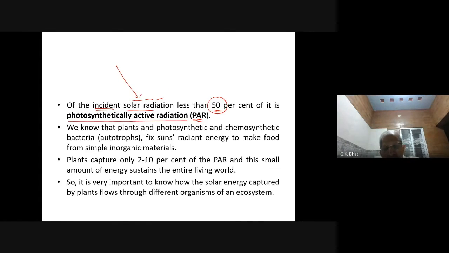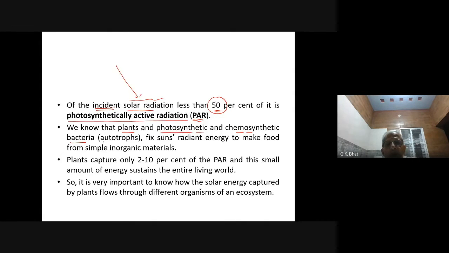Let us see that. Whatever is photosynthetically active, is it that all is used by the plants? No. We know that plants and photosynthetic and chemosynthetic bacteria, photosynthetic bacteria make use of light as the source of energy. Chemosynthetic bacteria make use of chemicals as the source of energy.